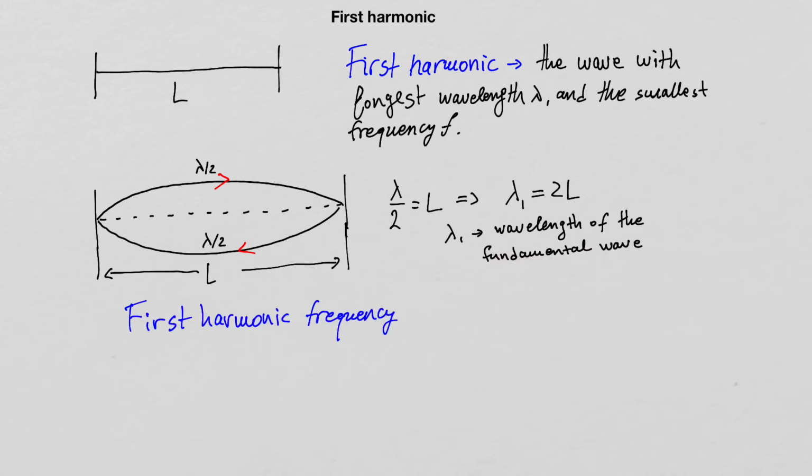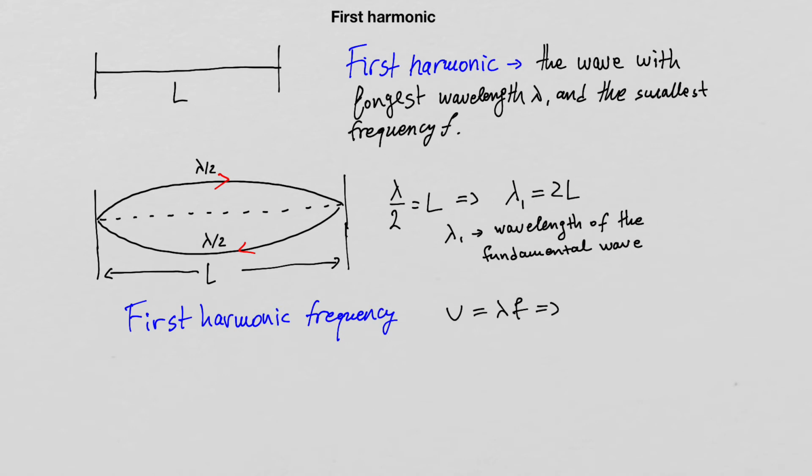Now let's find out what the first harmonic frequency is in terms of the length of the string. First, remember that the speed with which the wave propagates in the string is related to the wavelength and the frequency of the wave. And this relationship is given by v is equal to lambda times f.